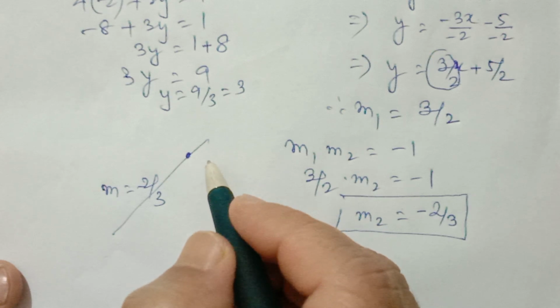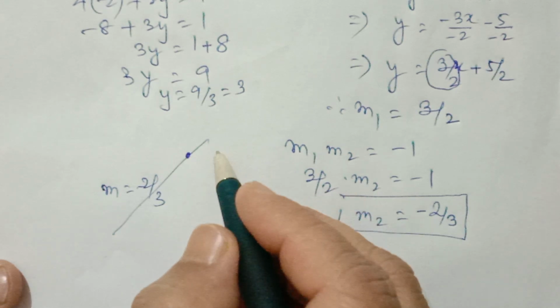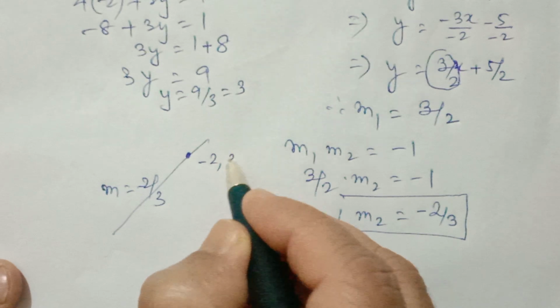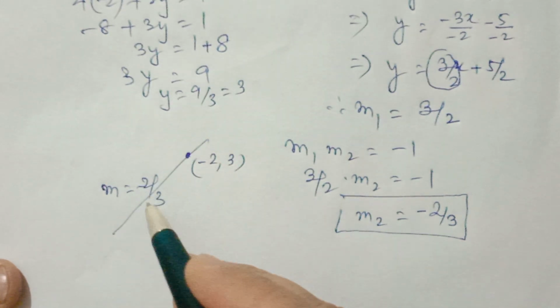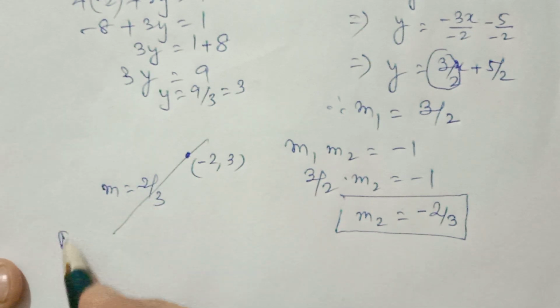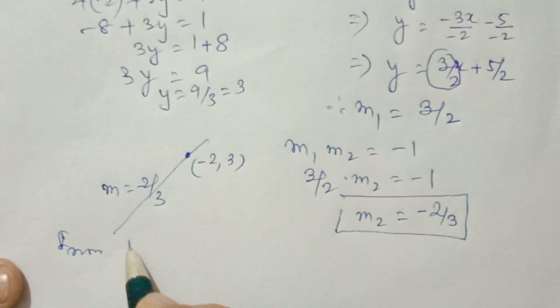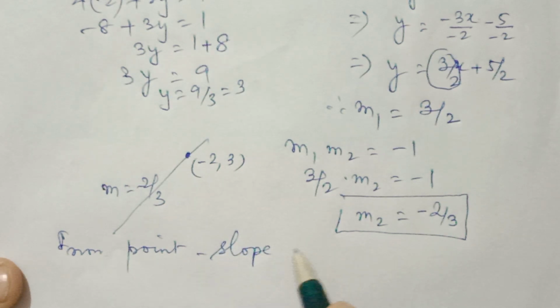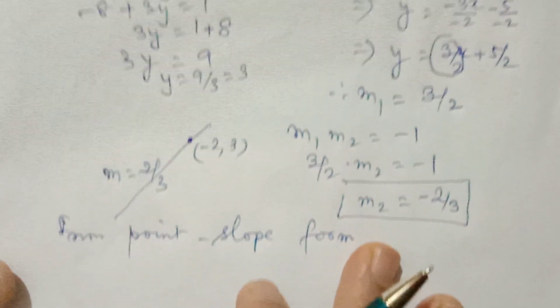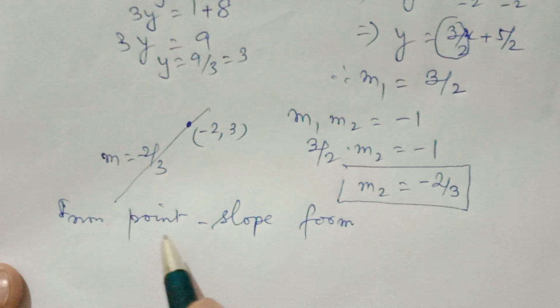So what is the point through which it is passing? Minus 2 and 3. Now we will use the point slope form. So what is the formula?